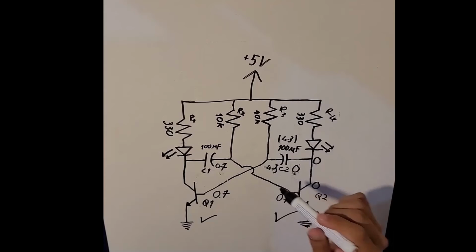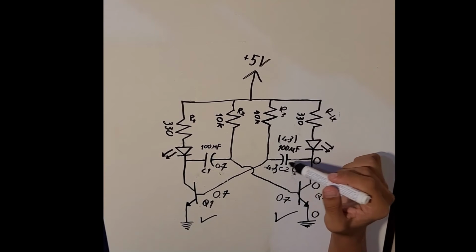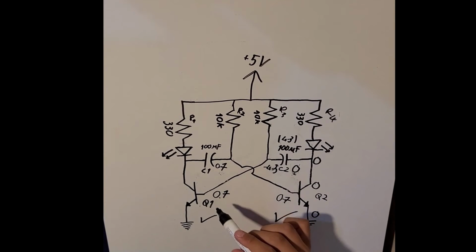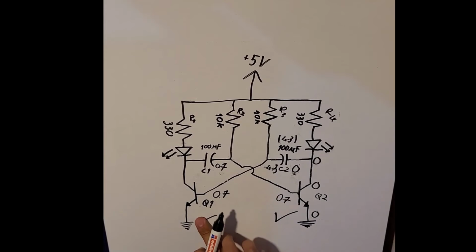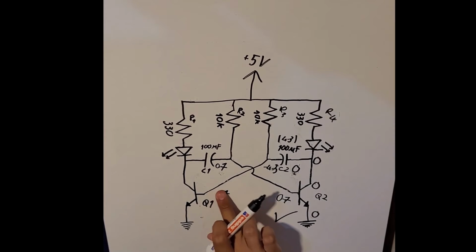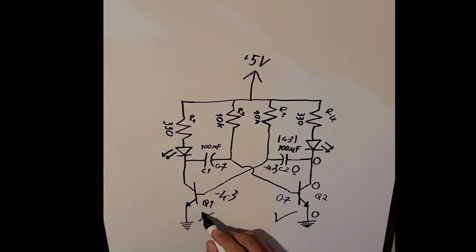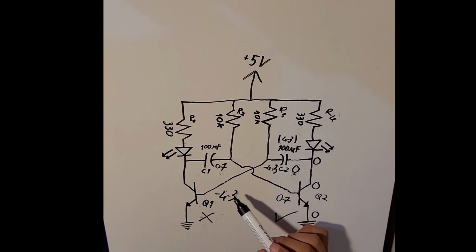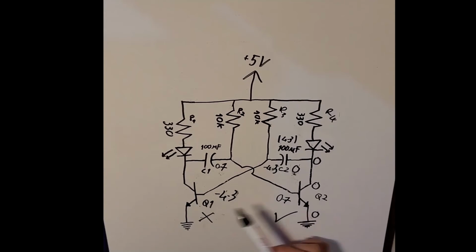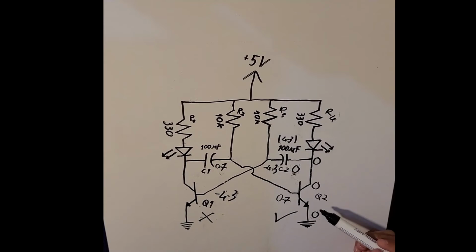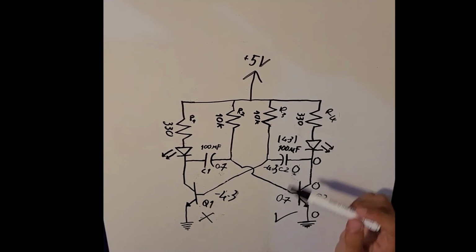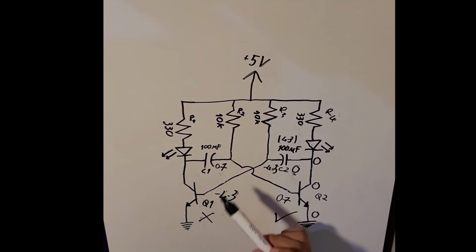This side has to be negative 4.3, and this is connected to Q1's base. We will have negative 4.3 volts here. Q1 will enter the cutoff region, and now we can see that our state is reversed. Now Q2 is on, C2 is charged, and C1 is almost empty, and Q1 is off.